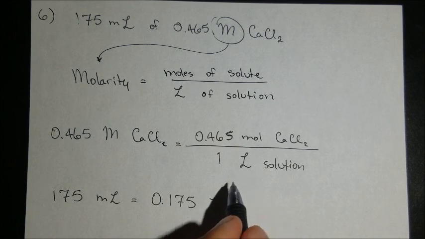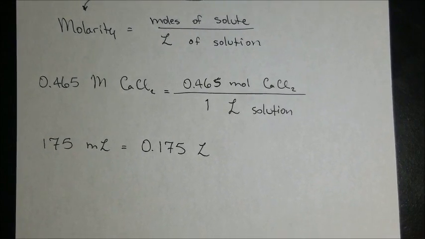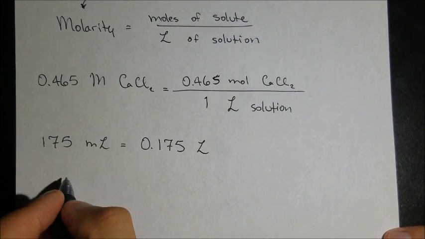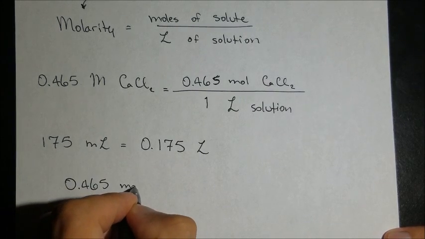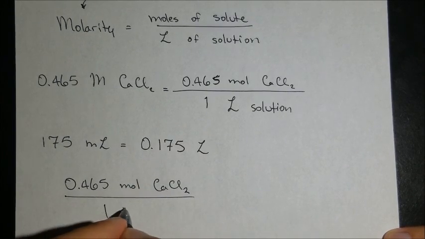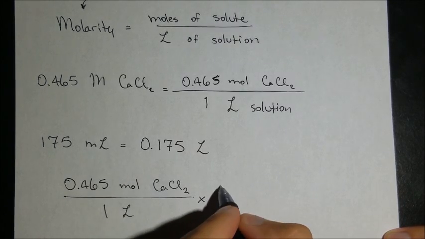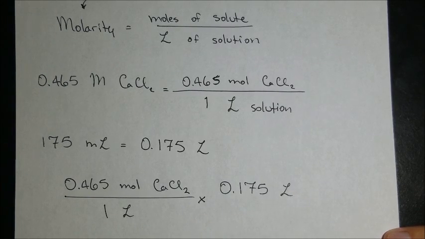Well, if you notice here, we've got the same units, so maybe we can multiply these together in such a manner that they will cancel, and we'll be left with moles, which is what we're looking for. And in fact, that is exactly what we're about to do. So we have 0.465 moles of calcium chloride in a liter of solution, times 0.175 liters, because that's how much we have.